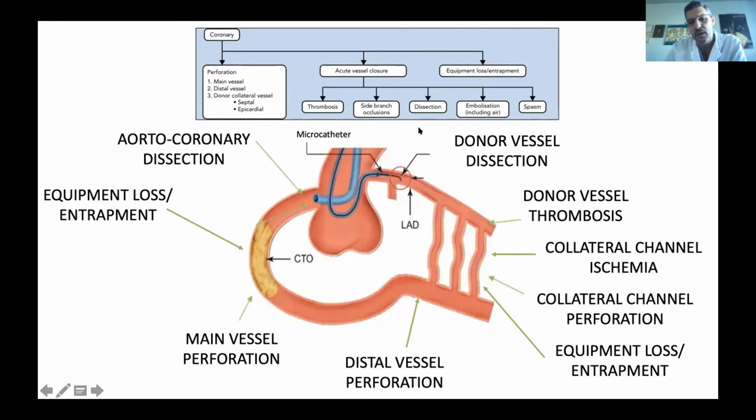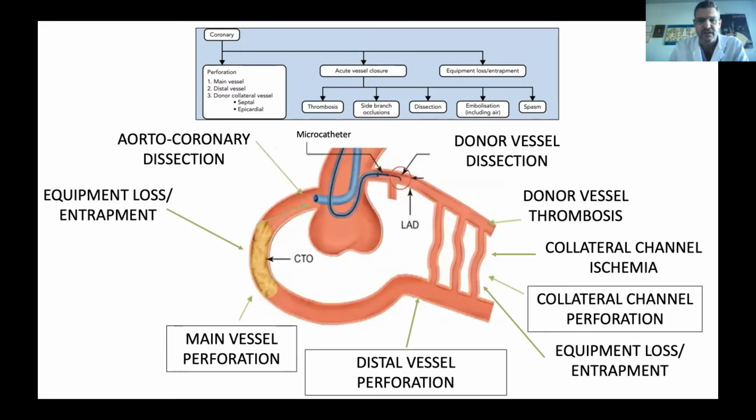At the same time, if we decide to go retrogradely, we can also have complications that are specific to the retrograde approach, such as donor vessel dissection, donor vessel thrombosis, collateral channel ischemia, collateral channel perforation, and equipment loss or entrapment through the collateral channel.